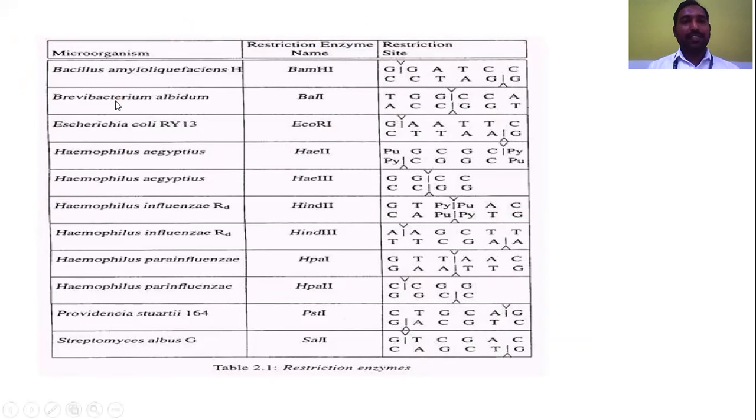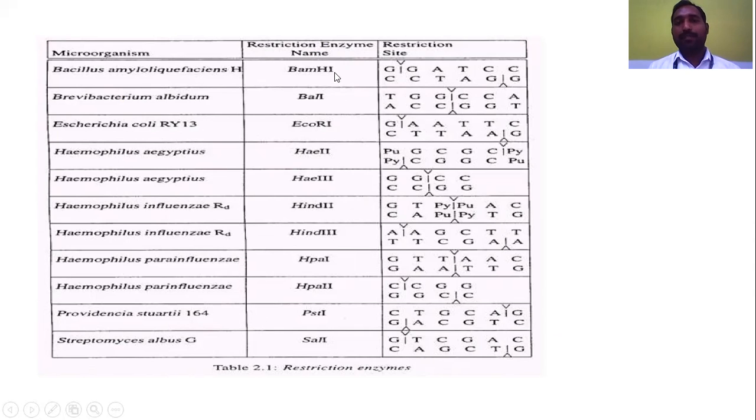If you see the example here, we have a list of microorganisms which can produce this sort of enzymes, that is the restriction endonucleases. And these are the restriction sites. These particular sites can be easily identified by these restriction enzymes, which make a cleavage.